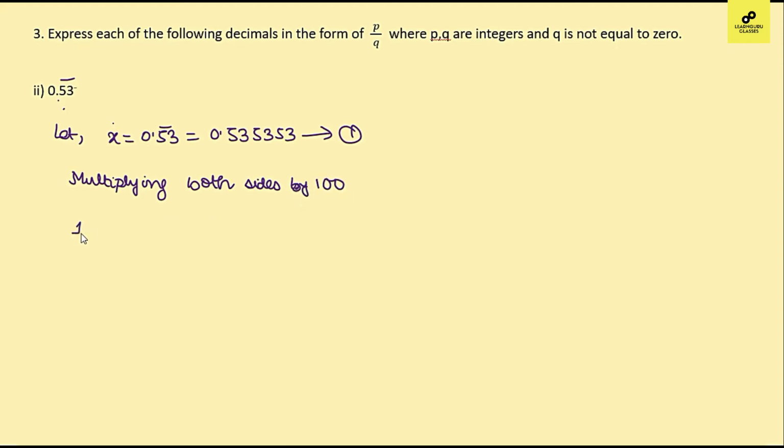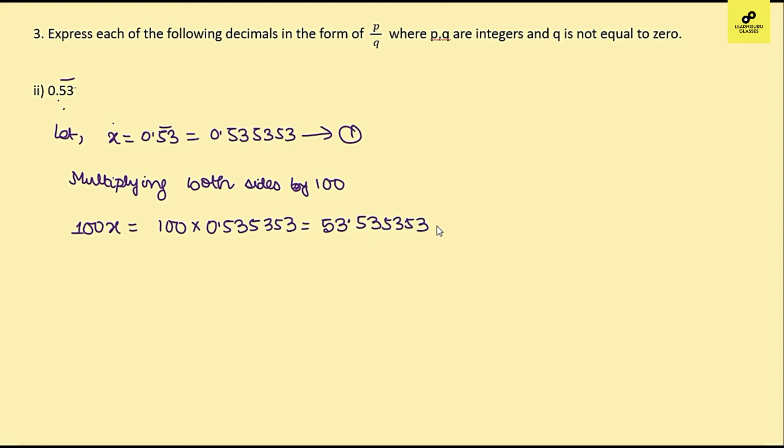So this gives 100x, and here, once you multiply 0.535353 by 100, 2 digits will move before the decimal, and the rest will proceed in this way.